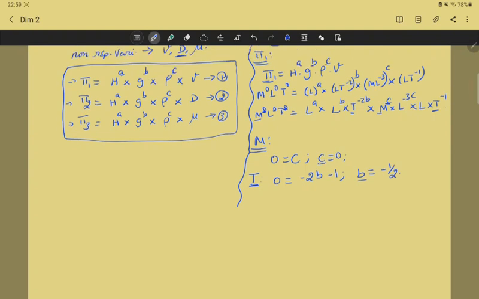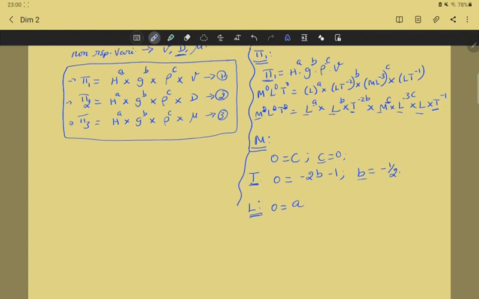Now the only thing that's left is a. For that I can use the L term. So what is the power of L, my dear people? 0 equals, how many L terms are there? 1, 2, 3, 4, four L terms. Their powers are a plus b minus 3c, and if there is just L, it means power 1, plus 1.